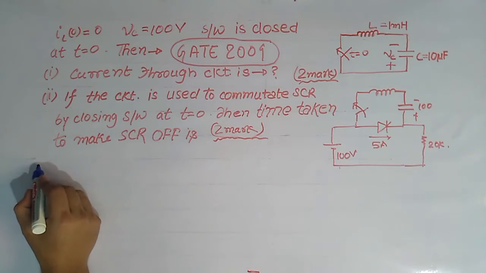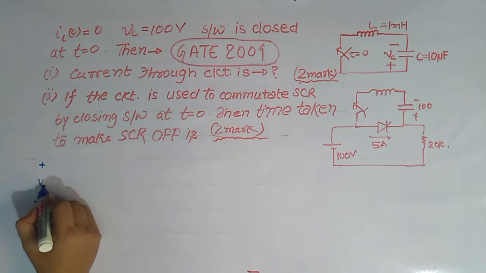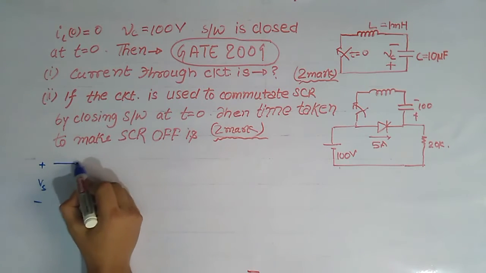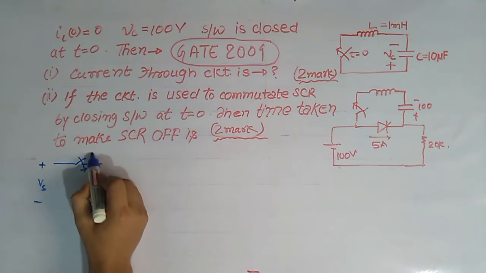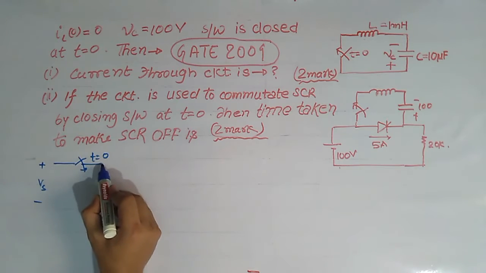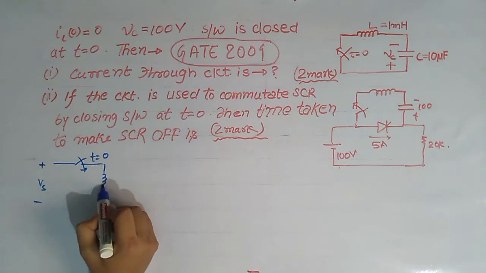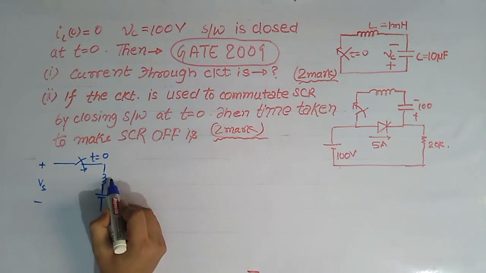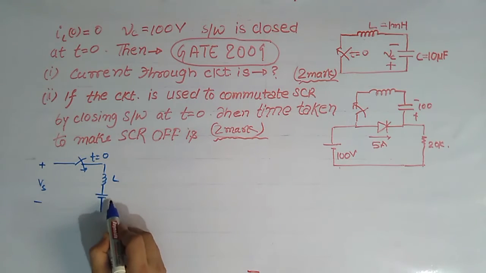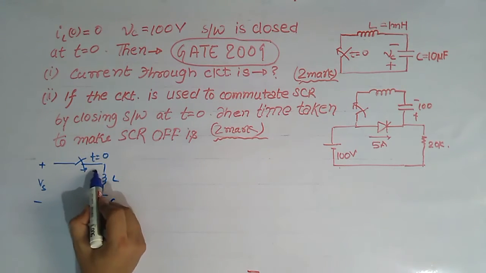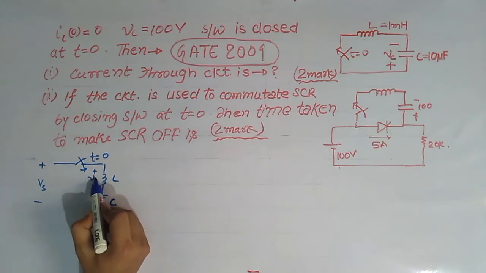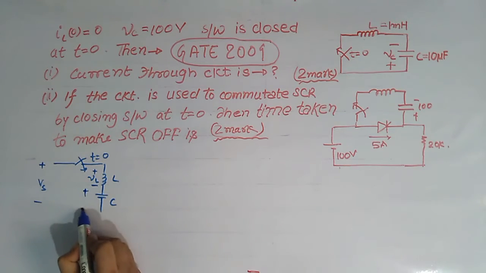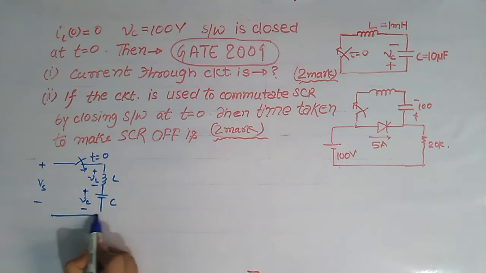suppose this is an LC circuit, this is source voltage Vs, this is the switch, it is closed at t equals 0, this is inductor L and this is capacitor C, and this was the reference polarity of inductor voltage and this was the reference polarity of capacitor voltage.